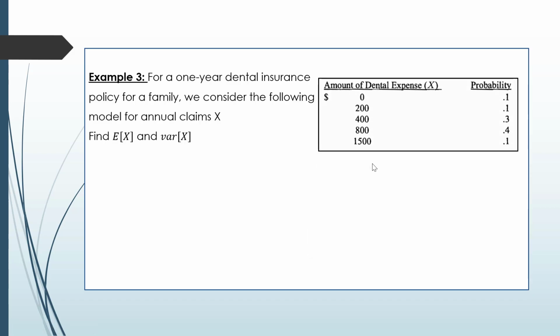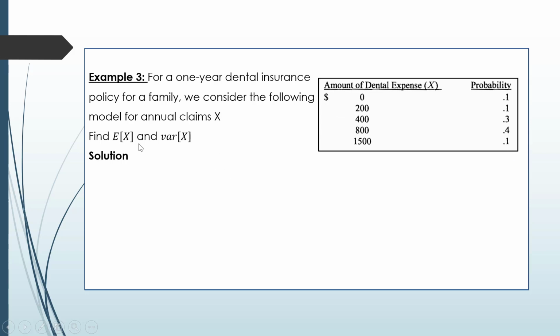For example, for a 1-year insurance policy for a family, we consider the following model for annual claims X. Here the amount of annual expenses can be either 0, 200, 400, 800, or 1500 with probabilities 0.1, 0.1, 0.3, 0.4, and 0.1 respectively.